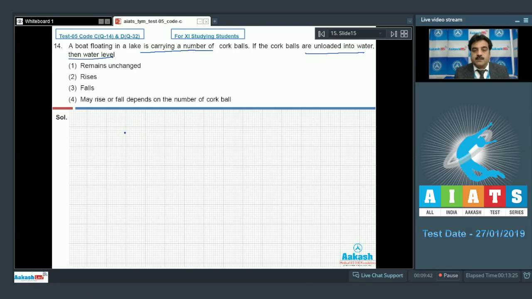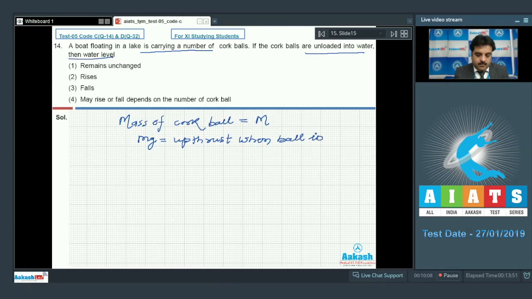Let's suppose the mass of the cork ball is capital M. So mg equals upthrust. But when the ball is inside the boat, you have to be very careful, okay? And I can solve this by Archimedes principle.